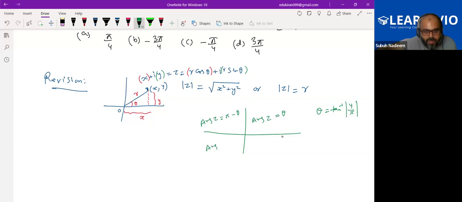In third, argument of z is minus pi plus theta. And in fourth, argument of z is equal to minus theta. So this is about argument. You just write it down, then we will discuss this question. There are few properties also, but if there is any use of properties, we will discuss in between. Right now, we are concentrating on the definition.